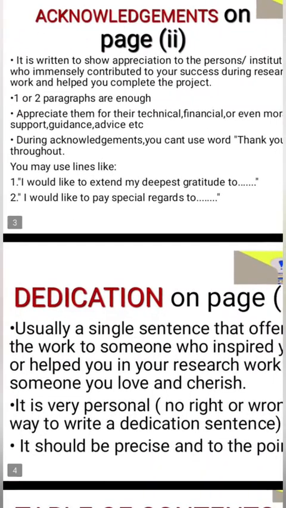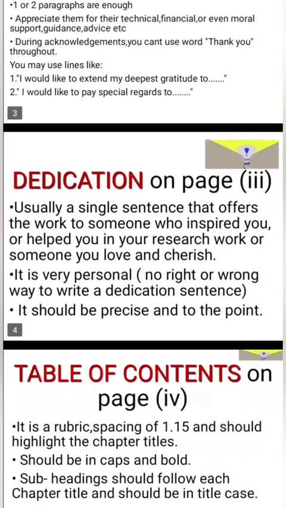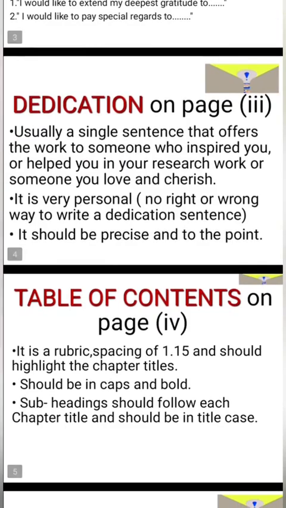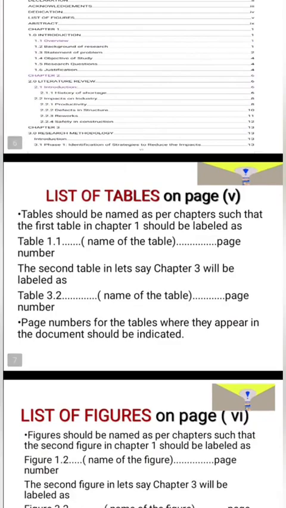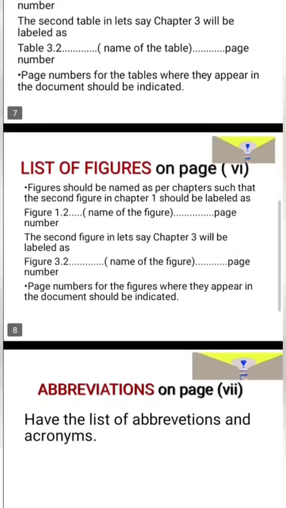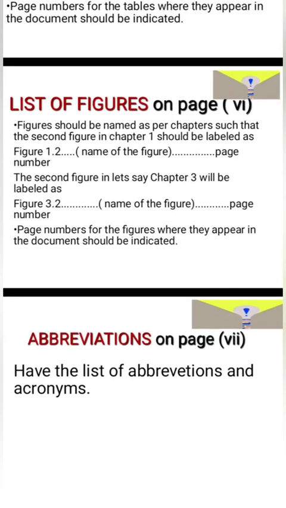We have the dedication, the people you are dedicating your work to, people you love and cherish, maybe your supervisor, family members, or friends. We should also have the table of contents, which spells out what we'll encounter in the whole project, then the list of tables and figures used in your project, the abbreviations, and the definition of terms that you think we need to know.